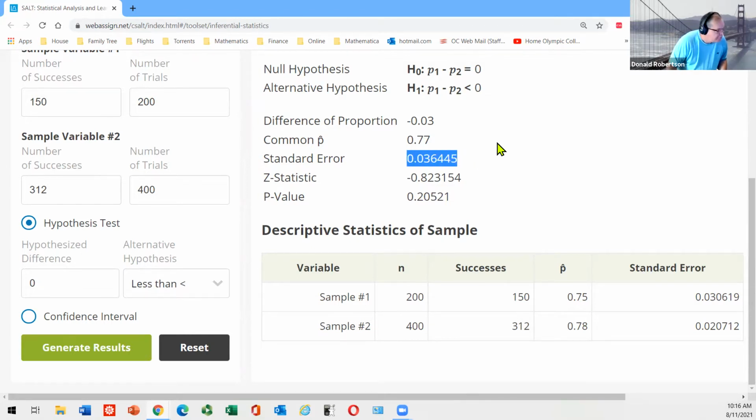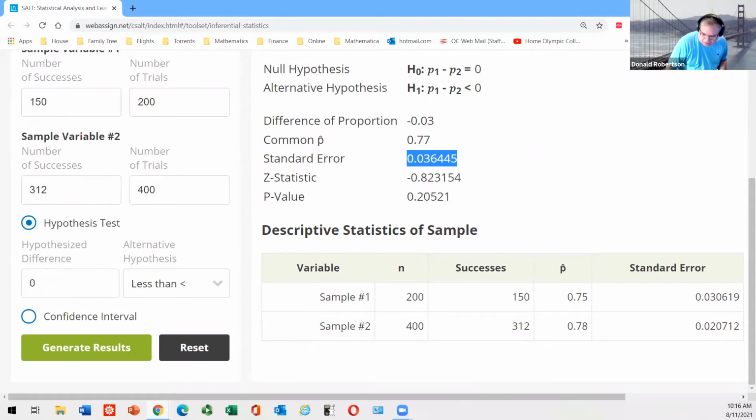I have 0.037. Would you agree that's pretty close to what they had? Just rounding off again. I had 0.037, they have 0.036445, and so on. So doing it by hand, if I wanted to get that accuracy, I'd go to 6 decimal places, and I'd be fine.